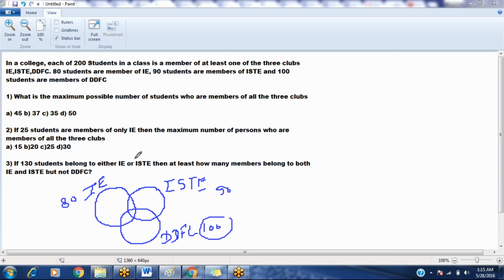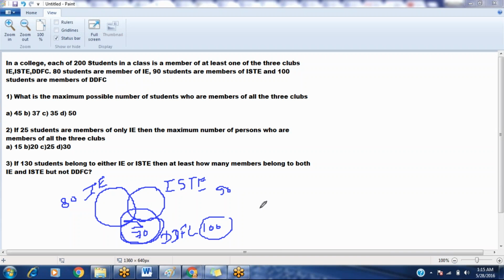Now 130 students belong to either IE or ISTE, and total students are 200, so this portion will be 200 minus 130, which is 70.